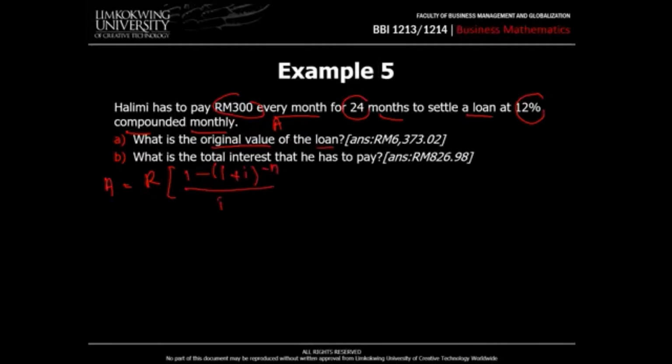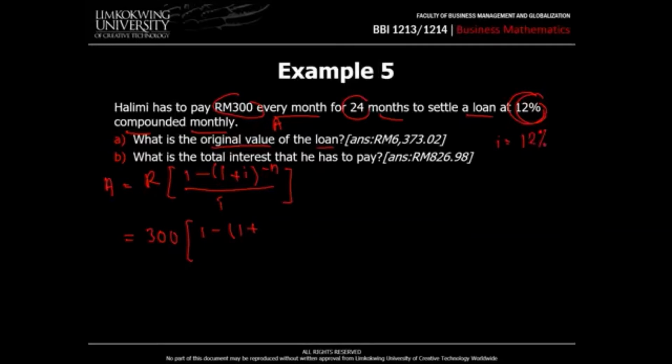Now we substitute the information given. R is 300. 1 minus 1 plus, what is i? The interest.